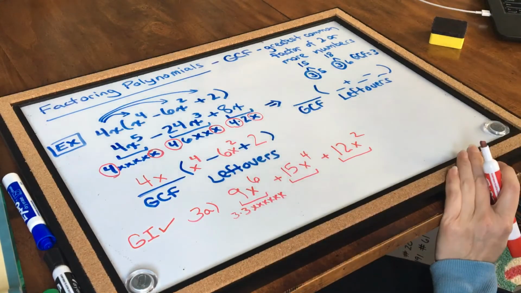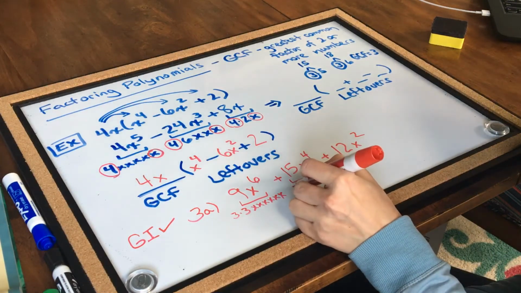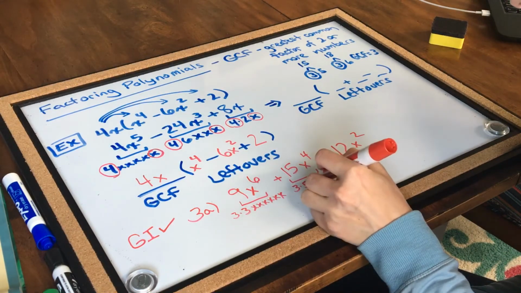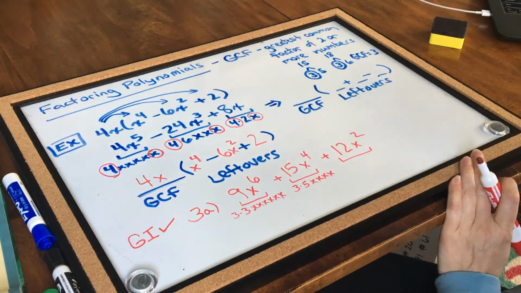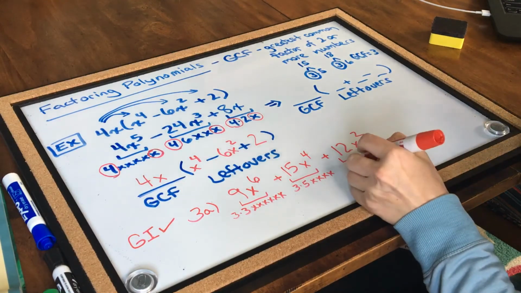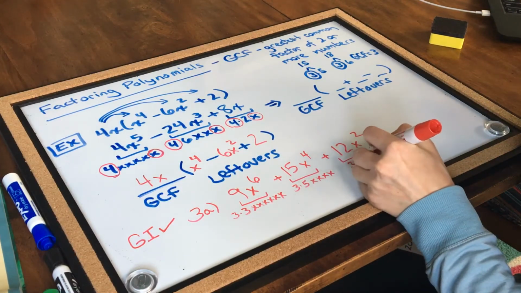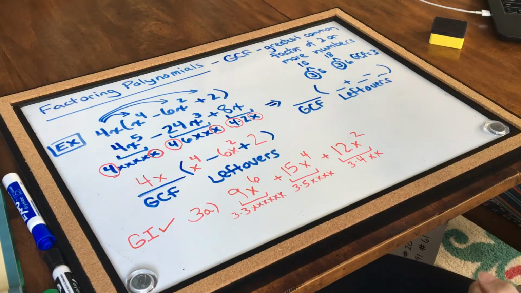That's a lot of x's, okay? Then 15x to the 4th, that is 3 times 5, and I have 4 x's. And last but not least, I have 12x squared, so 12 is 3 times 4, and x squared means that I only have 2 x's, okay?